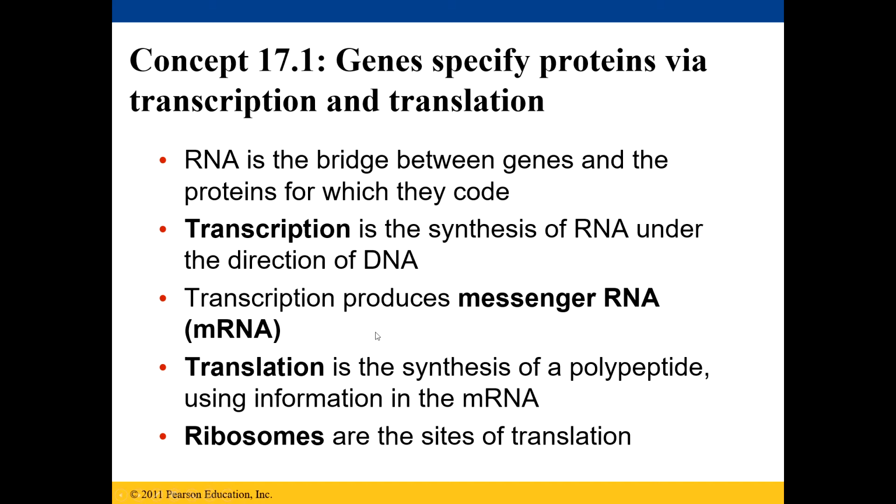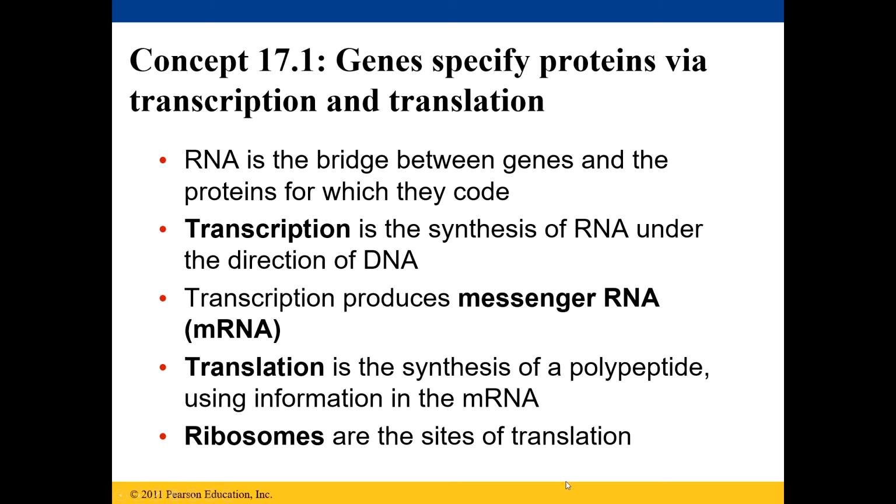But there are actually 3 different kinds of RNA that are transcribed in the nucleus. In addition to messenger RNA, there's transfer RNA, abbreviated tRNA, and ribosomal RNA, abbreviated rRNA. So we'll come to those later. But again, messenger RNA gets the most attention because it is actually carrying the message from DNA out into the cytoplasm where it will be translated into proteins.